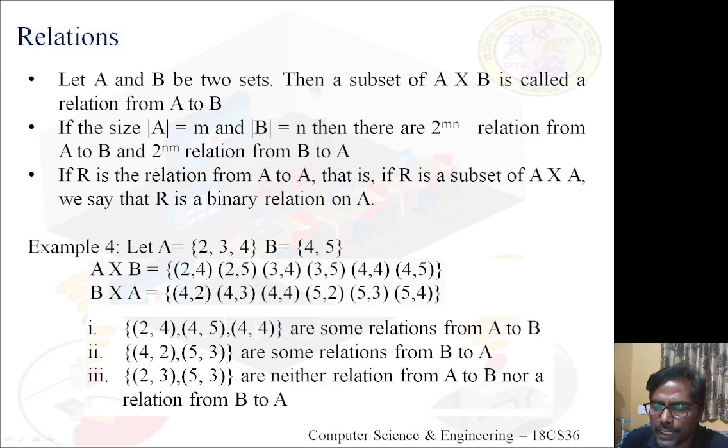This first set is nothing but a subset of A cross B. Is it? Just check it. Just verify on the slide. The first set with 3 ordered pairs is a subset of A cross B. So we can call this a relation from A to B.